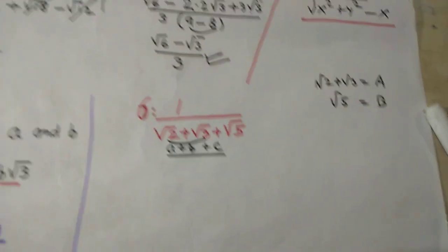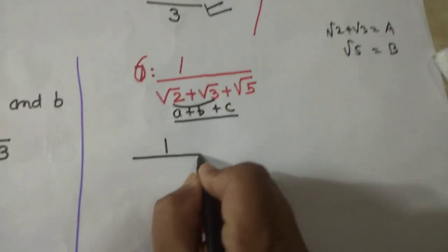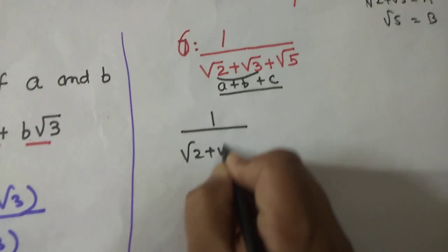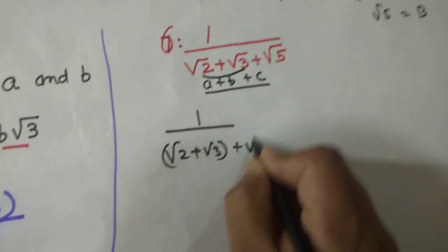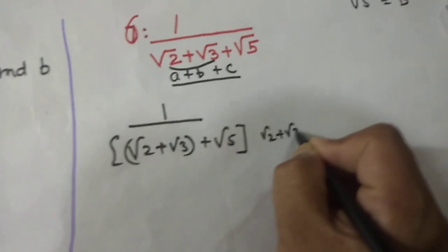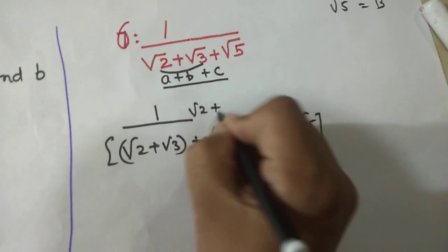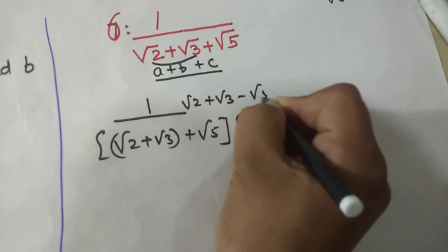Then you go for the rationalization. So I will write this: 1 upon (root 2 plus root 3) plus root 5, then multiply by root 2 plus root 3 minus root 5 on both numerator and denominator.